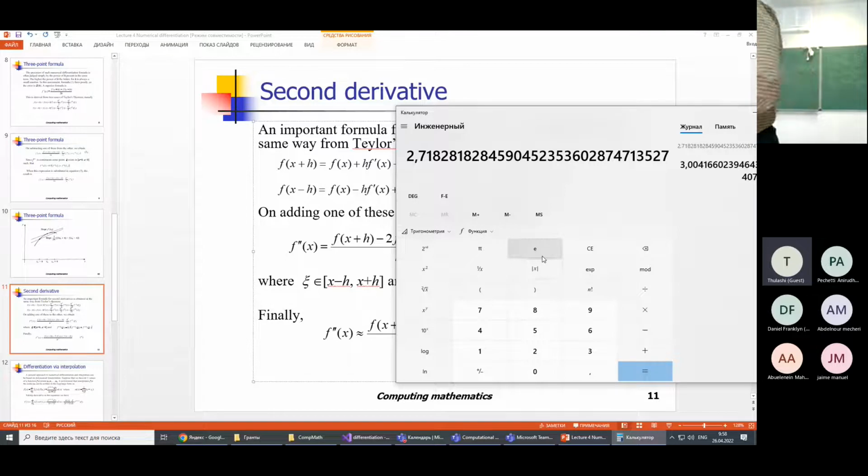Please compute the approximation to this real value using this formula. Of course, you can use your calculator to compute e power 1.1 and e power 0.9, and it's enough to use the first 6 digits after the decimal point.